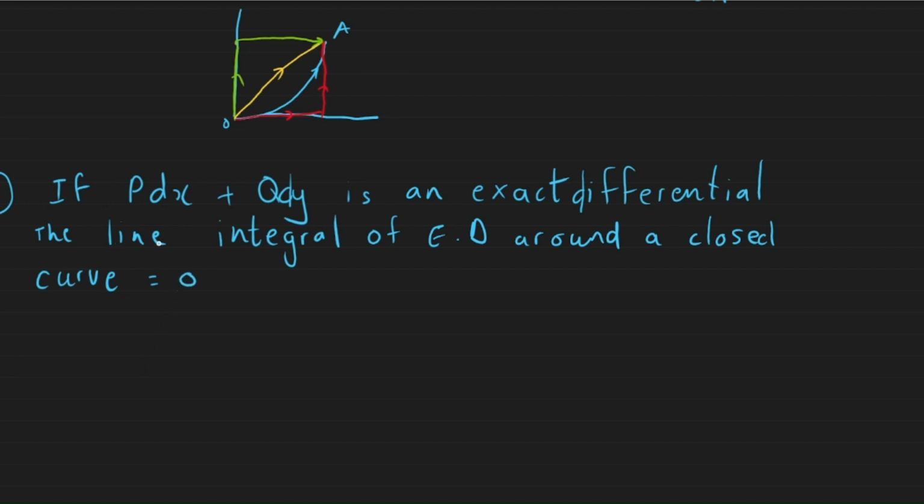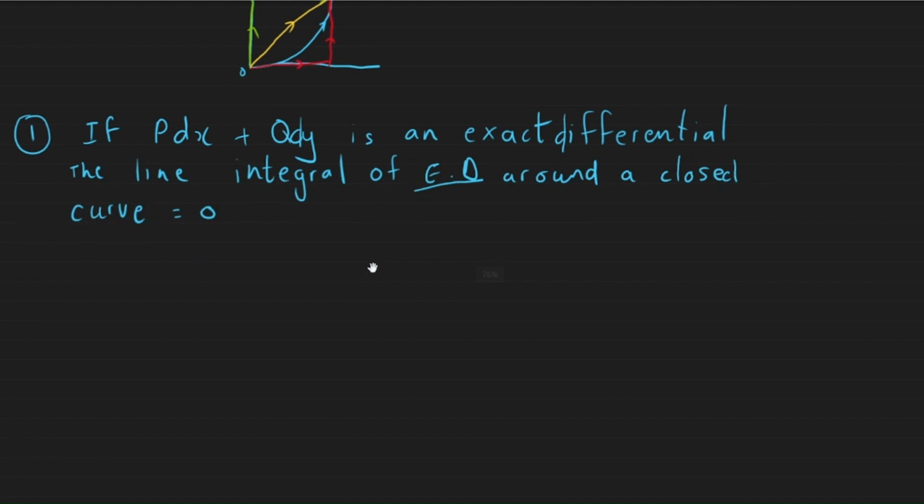So the line integral of an exact differential around a closed curve is equal to 0. That's the first important point of this video.